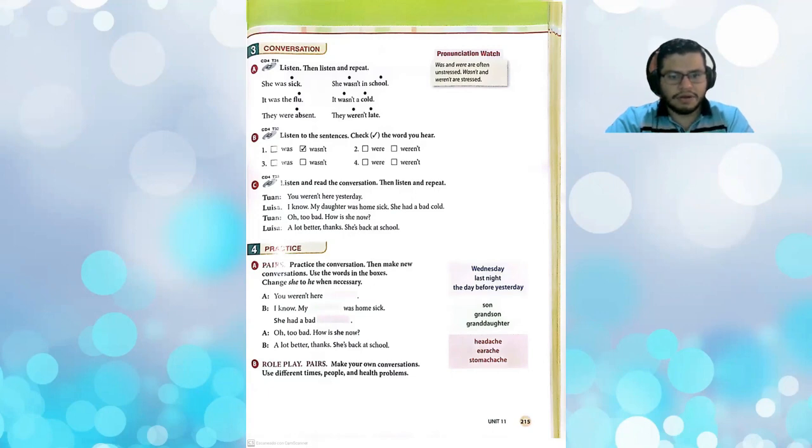Oh, too bad. How is she now? A lot better. Thanks. She's back at school, or he's back at school. Or you can change using son, using grandson, using headache, using stomachache, using last night, and the day before yesterday.